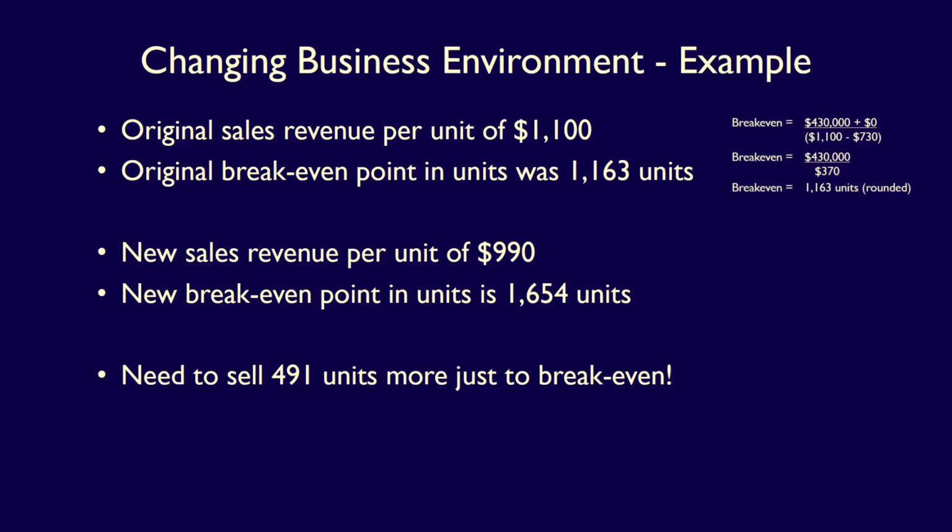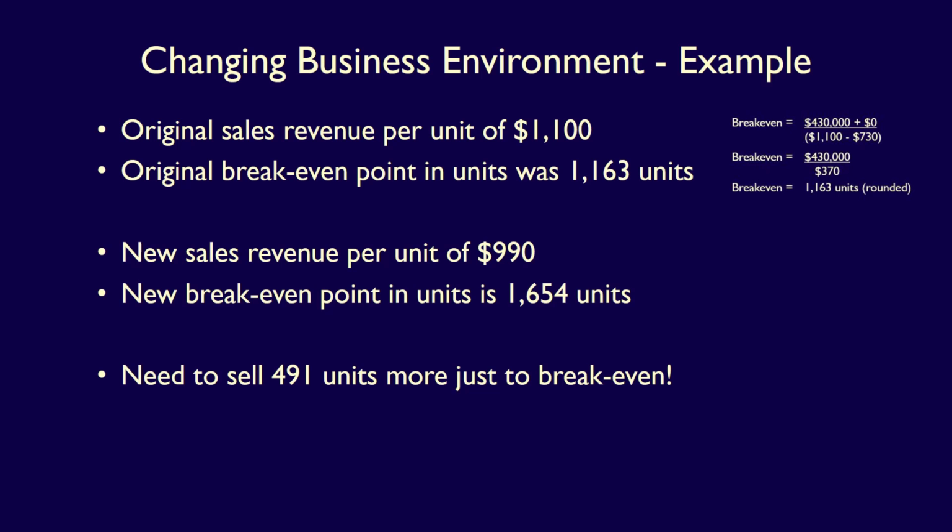With the original sales revenue per unit of $1,100, the break-even point was 1,163 units. With the new lower price of $990 per unit, the break-even point has increased to 1,654 units. The higher break-even point means that we have to sell more just to break even, an additional 491 units more.